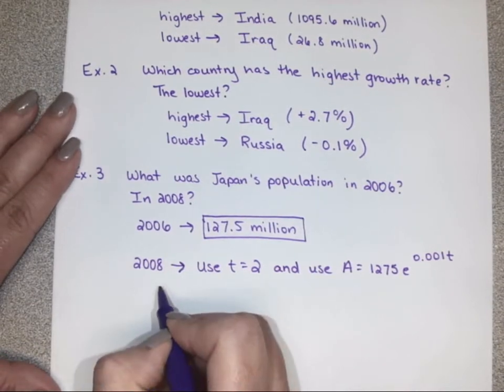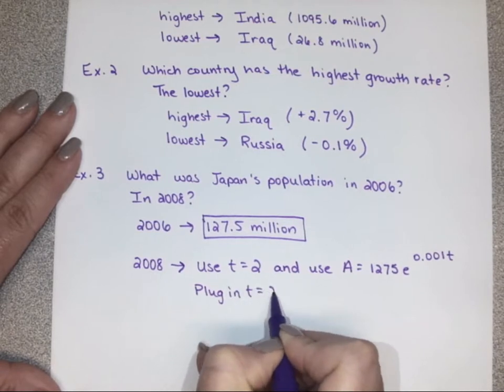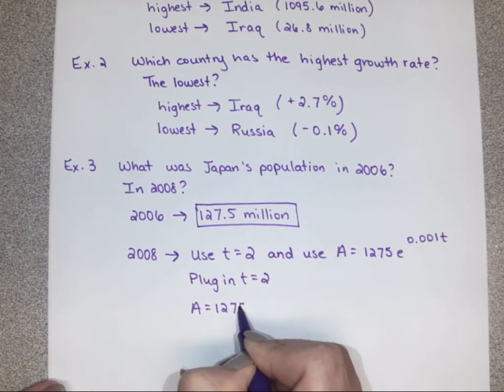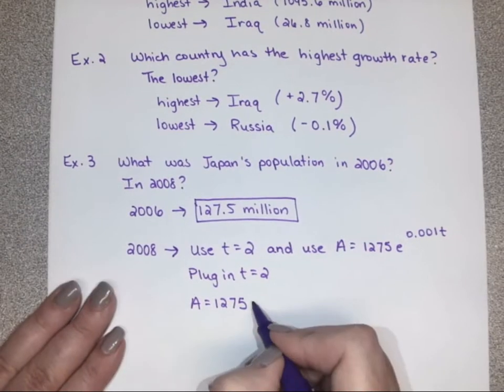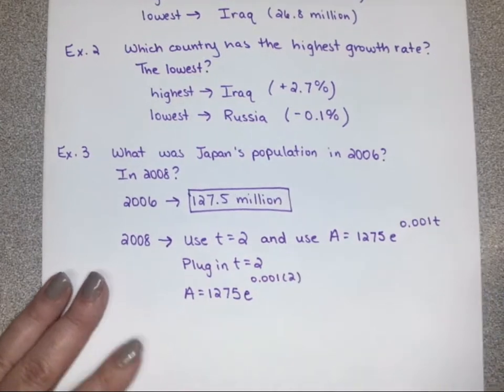So we're just going to plug in what? Plug in t equals 2. Okay, so we're going to get that A equals 127.5 e to the 0.001 times 2 power.